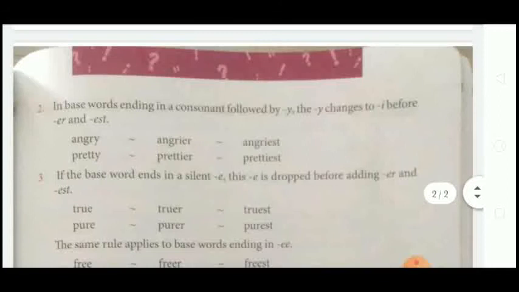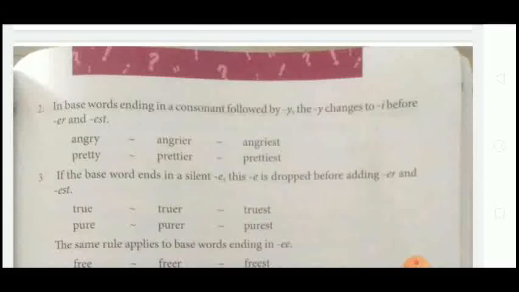Rule number 3: if the base word ends in a silent e, this e is dropped before adding er and est. When the word already ends with e and that e is silent, then we will drop that e. For example, true: here e is silent, so we will remove that e, and the comparative form will be truer, truest. Here er and est are added and the e in the base form is removed.